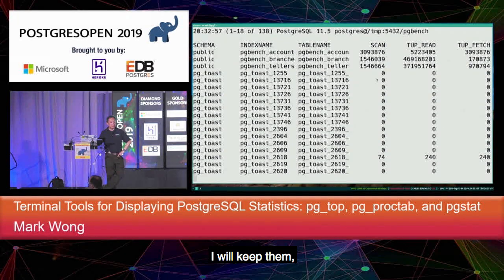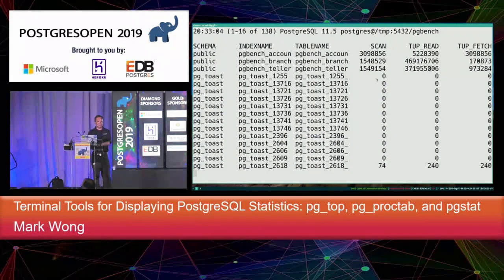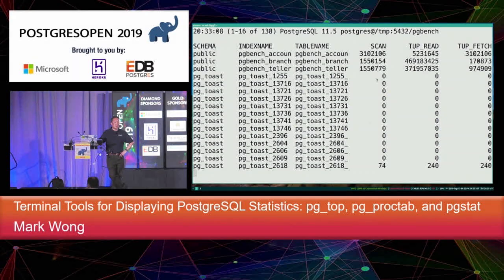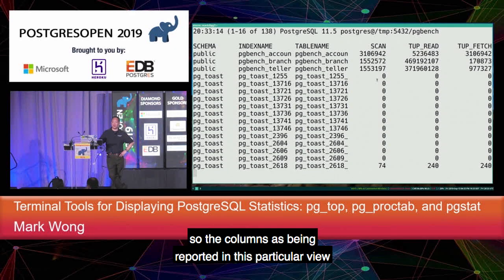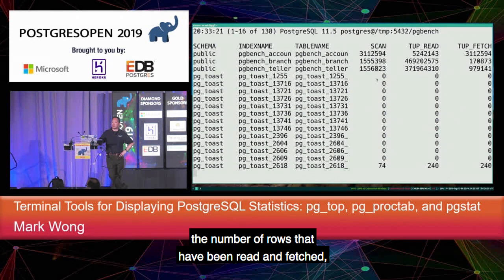I will try to keep the numbers large, hoping that'll be easier to understand than seeing the full names. But it'll show you the schema, index name, the table that index is on. So the columns being reported in this particular view are the number of index scans, and the number of rows that have been read and fetched.